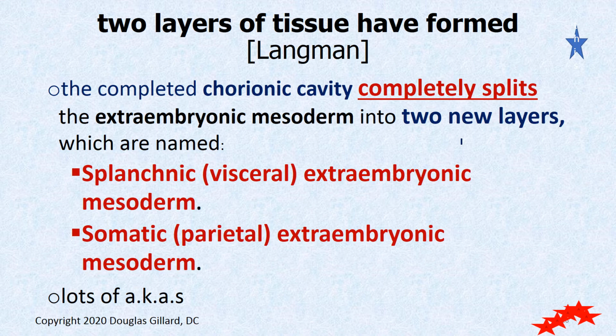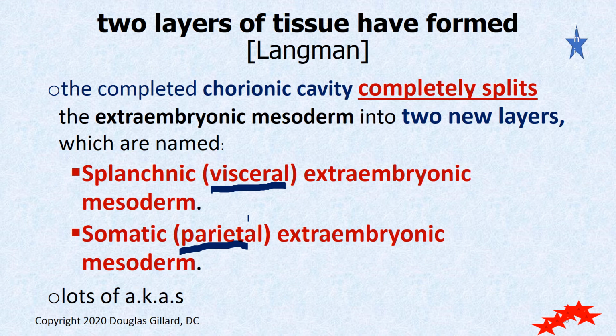As I said, we have a splanchnic extraembryonic mesoderm and a somatic extraembryonic mesoderm. The AKAs are going to upset you, and I apologize, but there's nothing I can do about it. Some people call it, and I like this idea, because you're going to learn there are 2 layers around the heart, 2 layers around the lungs, 2 layers around the abdominal cavity. The 3 P's: pleural cavity, pericardial cavity, peritoneal cavity.